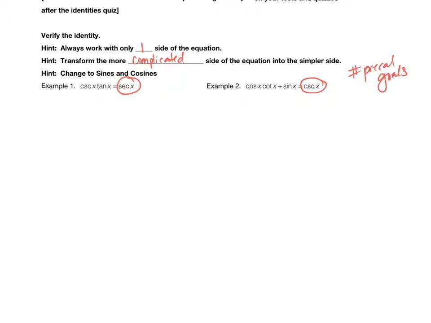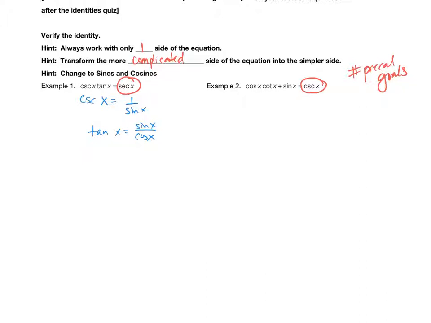We won't always do this, but this might be a good place to start. All right, so cosecant equals 1 over sine of x, and tangent of x equals sine of x over cosine of x.